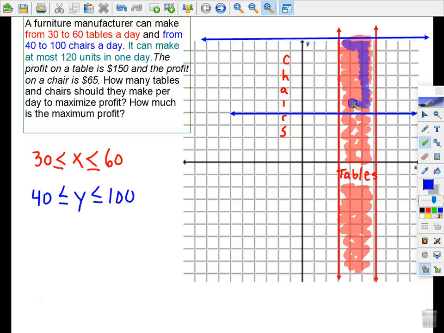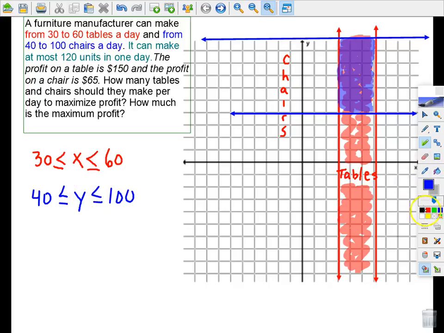This is where red and blue come together. That's why yesterday's assignment is so important for this. So right now we've got this rectangular shape that represents our capacity for making tables and also for chairs.